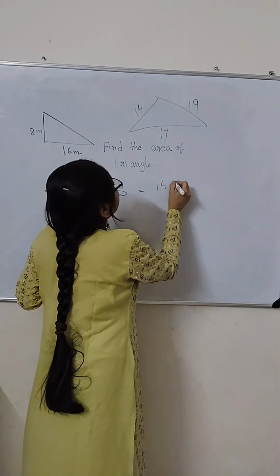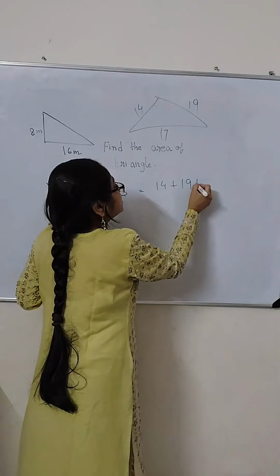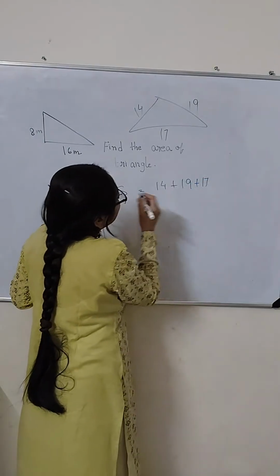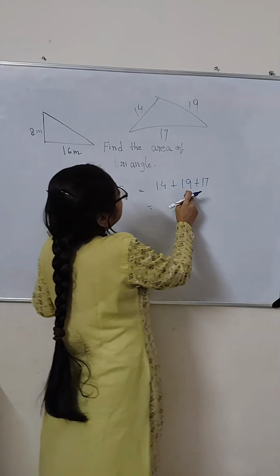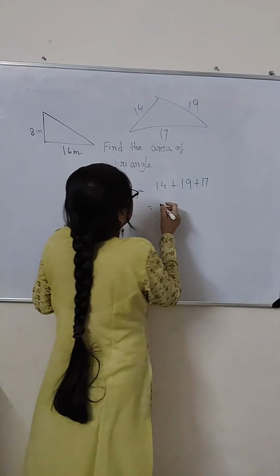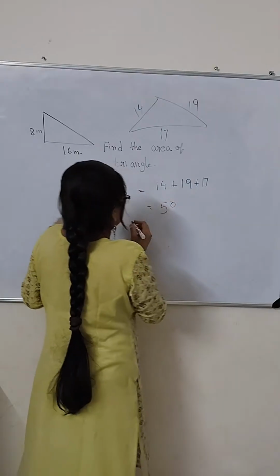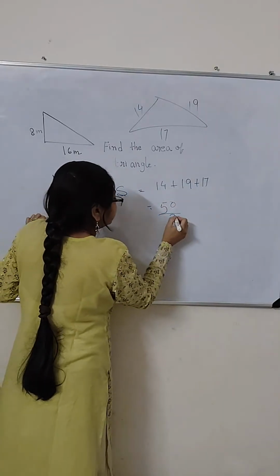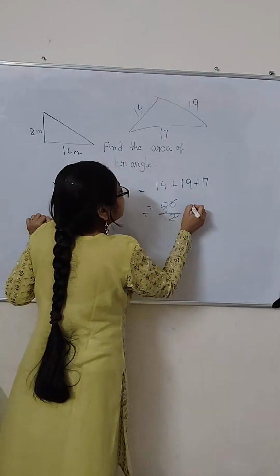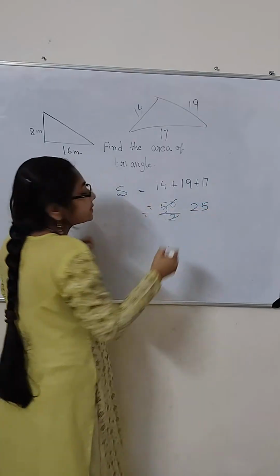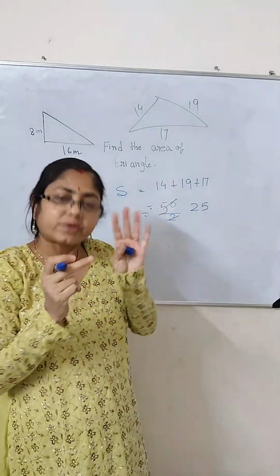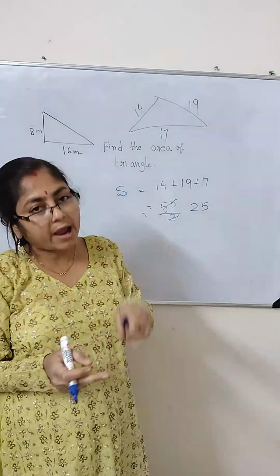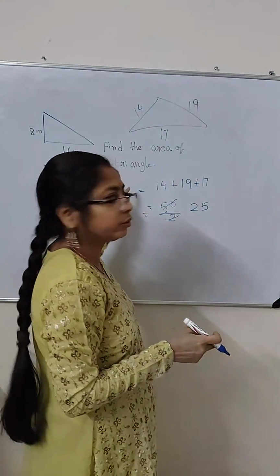Means 14 plus 19 plus 17. What's the value? 50. Then S means 50 by 2, it is 25. First you find out the perimeter. Perimeter means add 3 sides, then divide it by 2 and you find S.